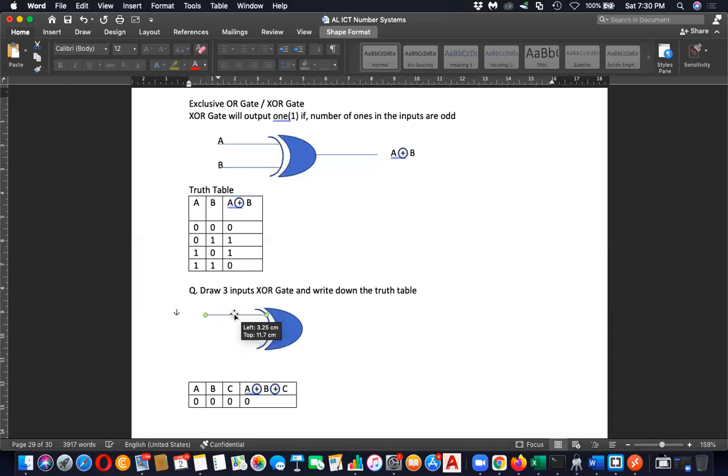Let's increase this. You have A, B, and C, 3 inputs. Count the number of ones and put the results.